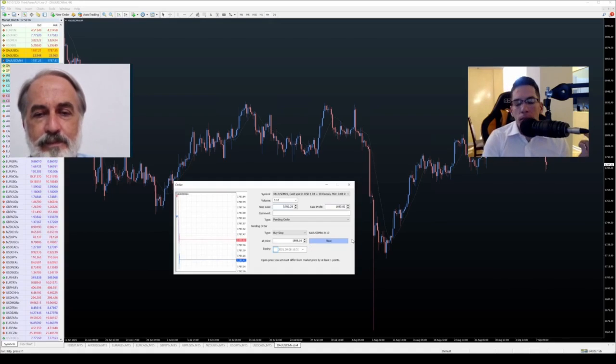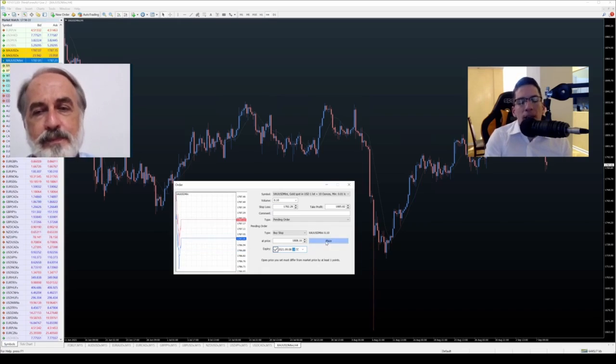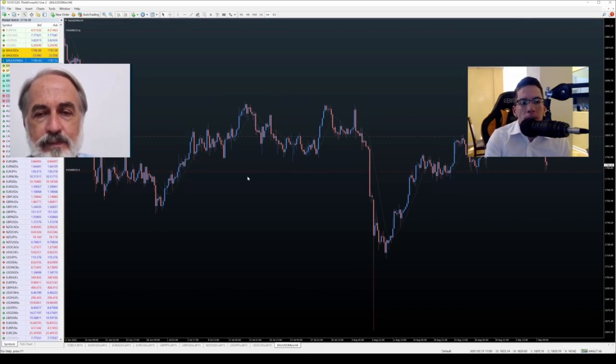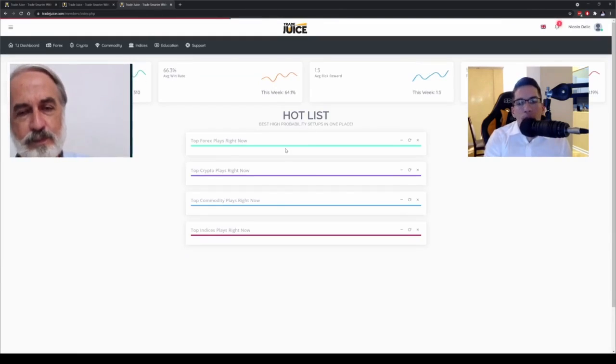And you can place the trade, or you can go here in expiry, put expiry 2-3 hours, just because you're always going to have more trades. You don't need to wait a day, 2 days for the market to come to you, because that's why I really love how Tradejuice operates, since you always have something to trade with this platform.